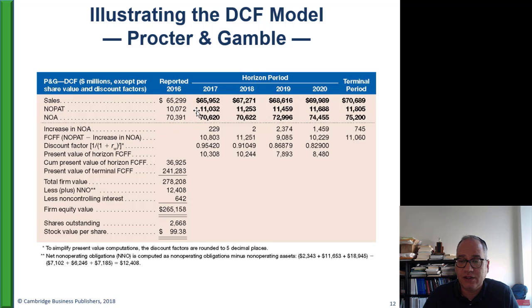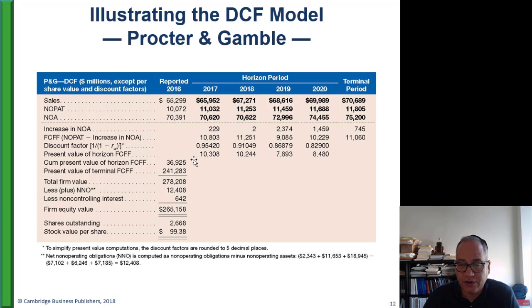So in this case, you have 11,032 minus the increase in NOA of 229, which would give you free cash flows of 10,803. Then we take the discount factor to get the present value. And this would all be as of 2016, the present value. We add it all together.